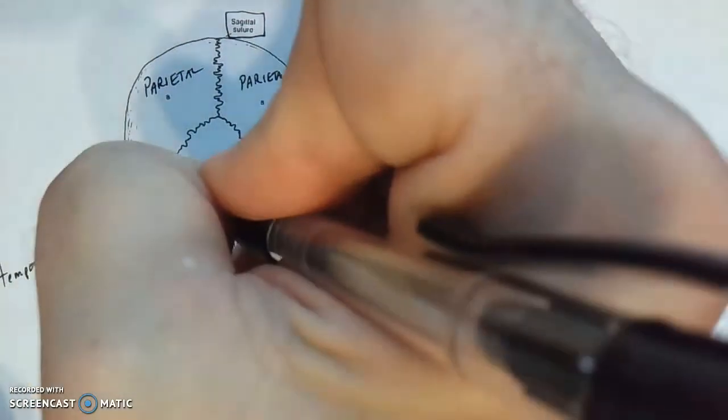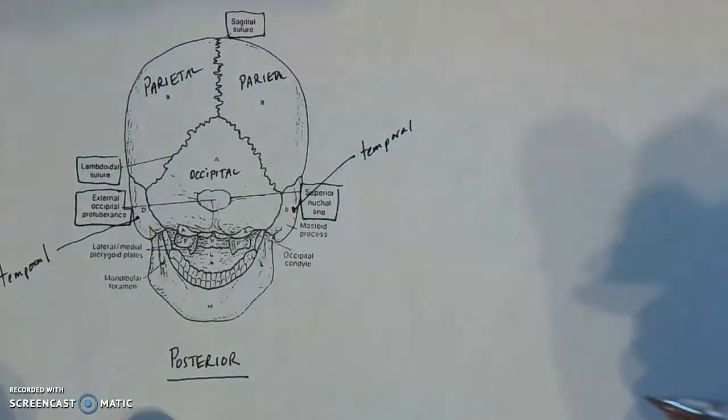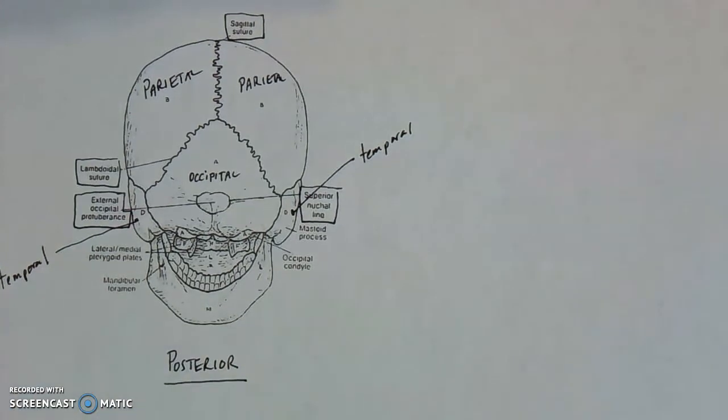So this external occipital protuberance, it's a little bit hard to see, but it's right there. And if you feel on the back of your skull, if you go from your neck vertebrae and go up, and you press pretty hard, you're going to feel a wide bump right above where your neck flexes and attaches to your skull.